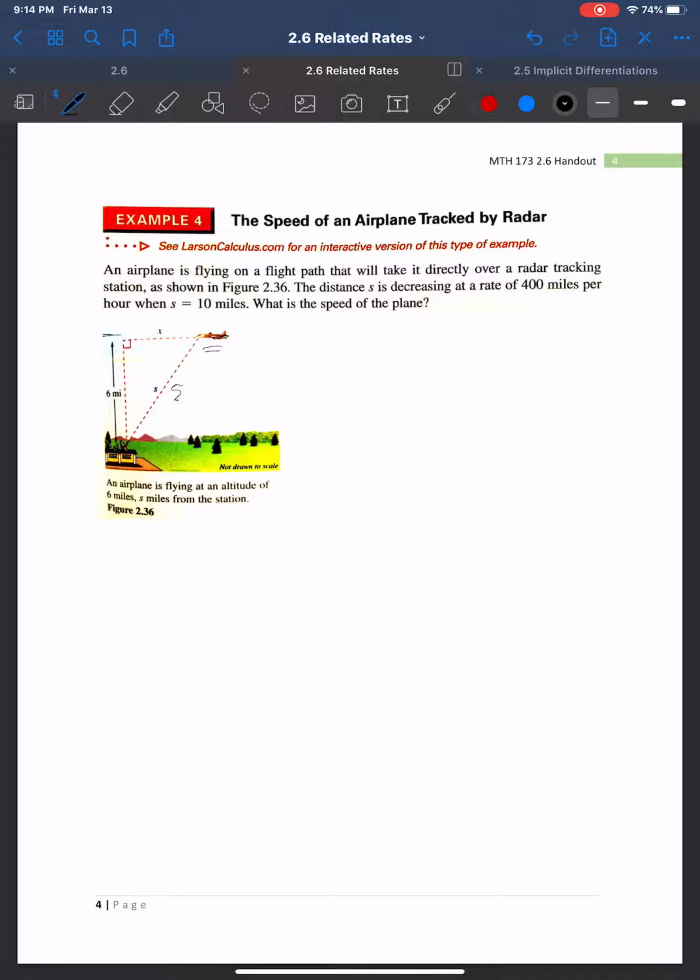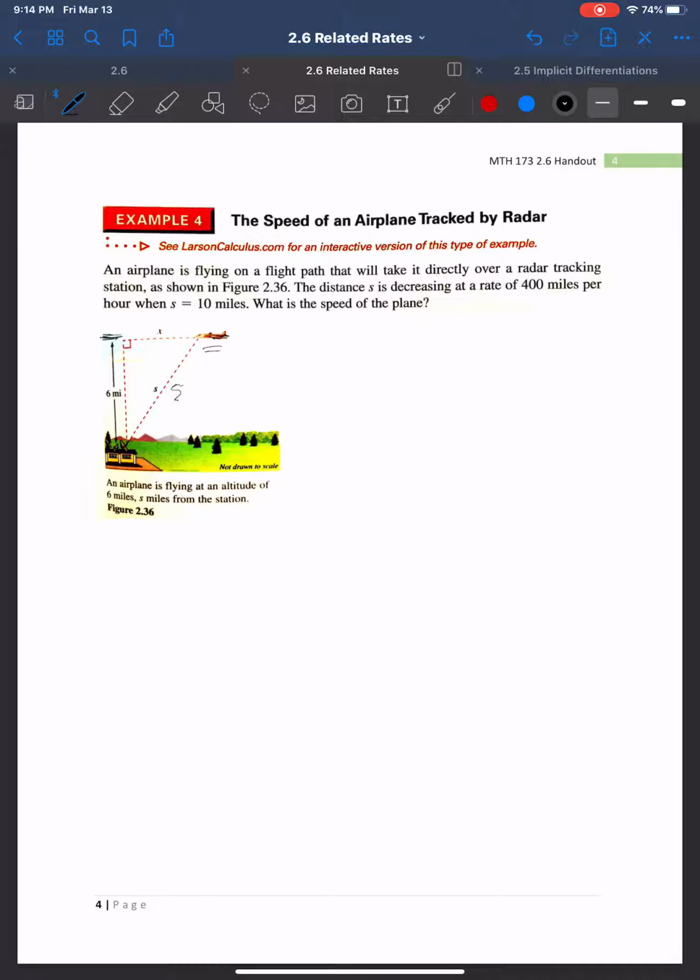As that airplane continues in its flight path, S should be decreasing, right? The distance from the plane to the tracking station should be decreasing and decreasing until it is directly above the tracking station. And then as it continues, the S will start to grow again.